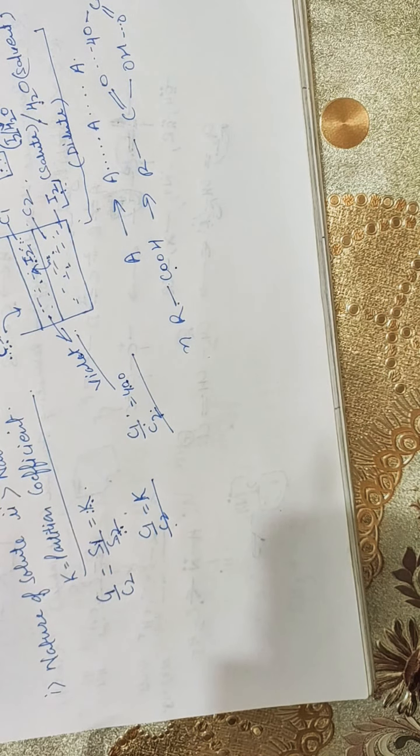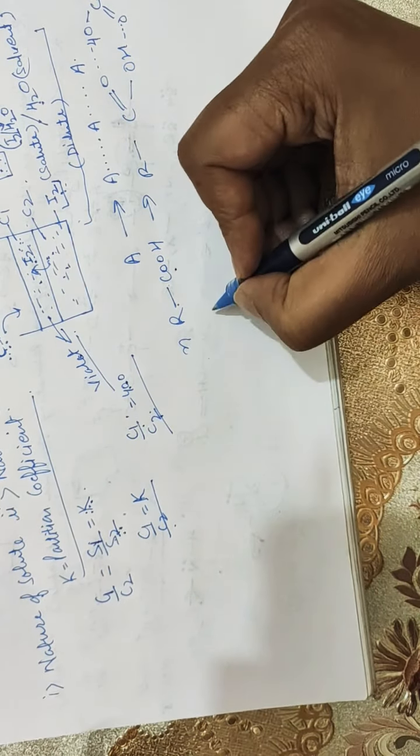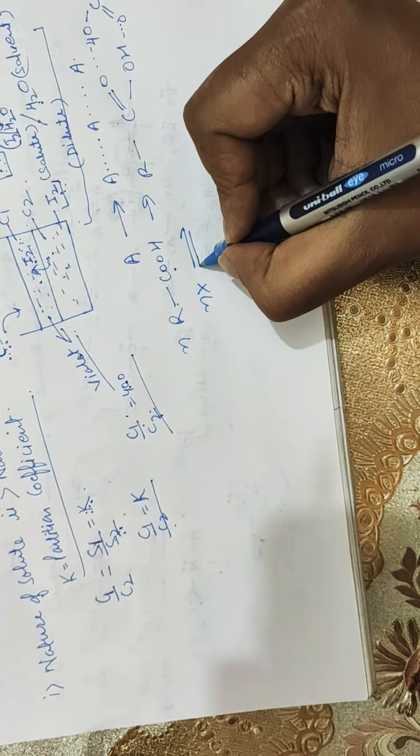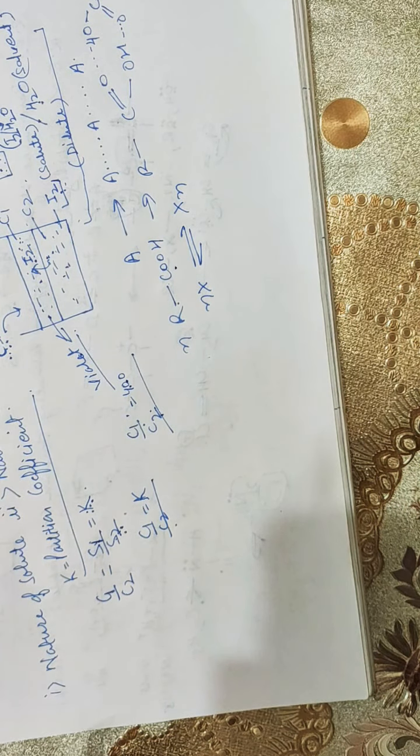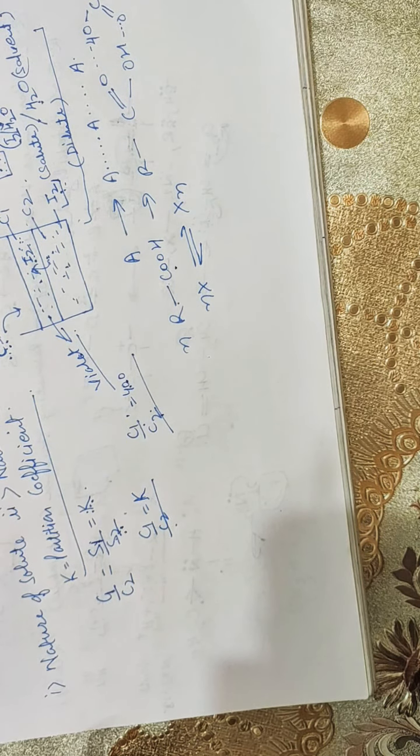But when the solute X undergoes association in one of the solvents, that is, n moles of X associate to form Xn molecules having concentration C2, then the distribution law is modified further.